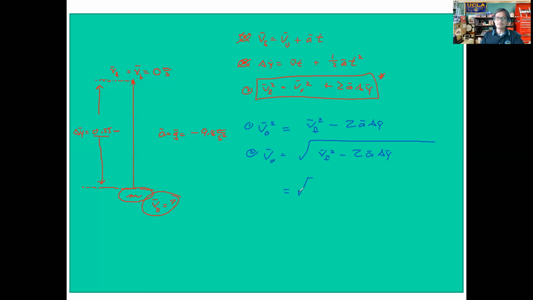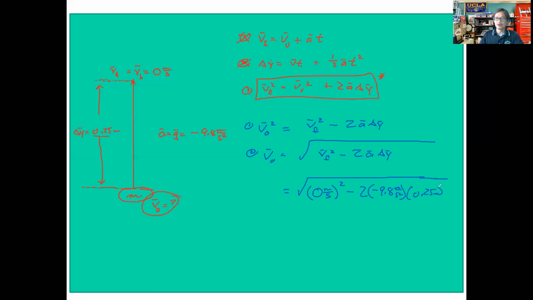So we have the square root of v final, which is this point here, considered 0 meters per second, squared, minus 2 times the acceleration, which is negative 9.8 meters per second squared, times the displacement, the distance that it travels, which is positive because it moves in the positive direction, positive 0.25 meters.